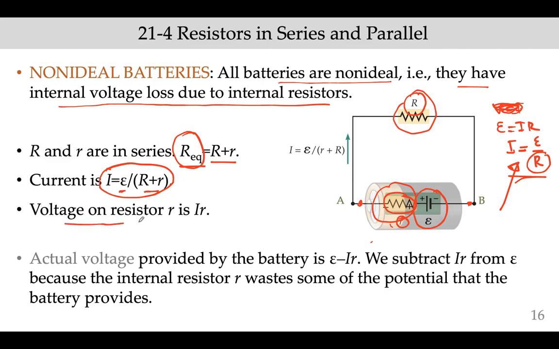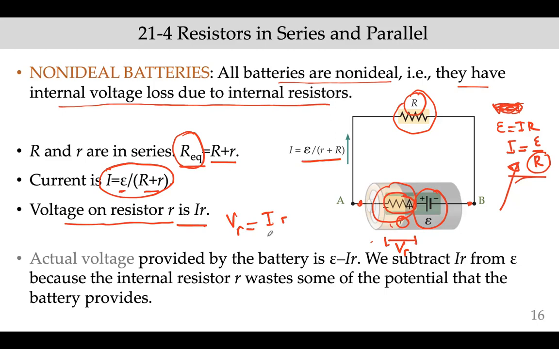Now the voltage on the internal resistor r. Let's say you calculate this current I, which is epsilon divided by uppercase R plus lowercase r. If you want to calculate the voltage here, let's call it VR. Then VR is the current, and remember, the current is the same everywhere, so I times lowercase r.